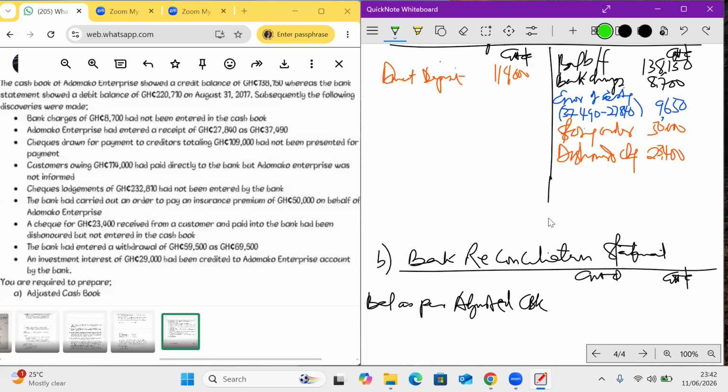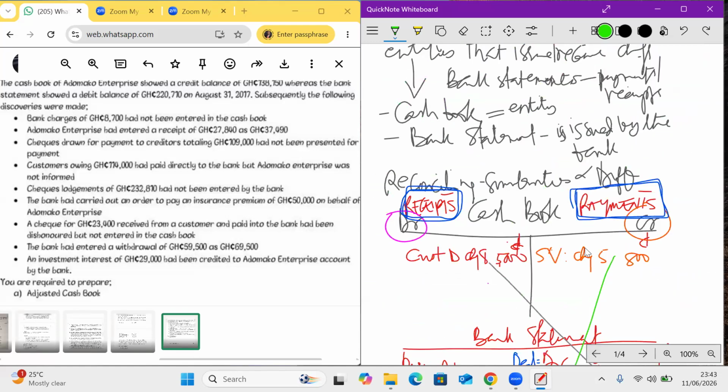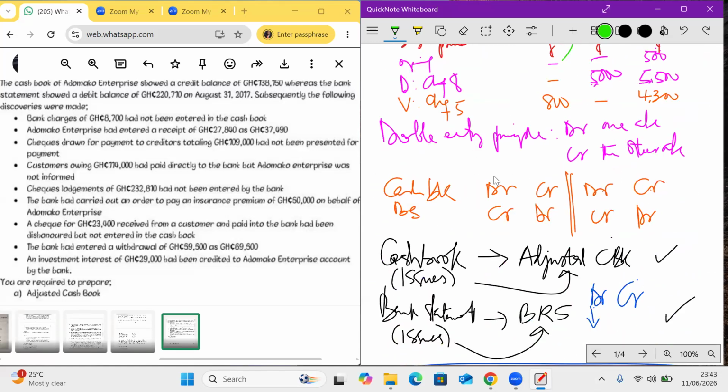So the corresponding double entry will be in the two accounts we are dealing with, the bank statement as a book and the cash book as a book. From the beginning, you shouldn't forget double entry. If you get it wrong, you are messed up. Whenever they debit the cash book, you credit the bank statement.